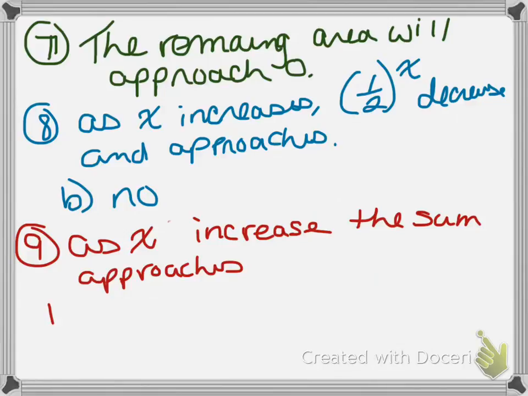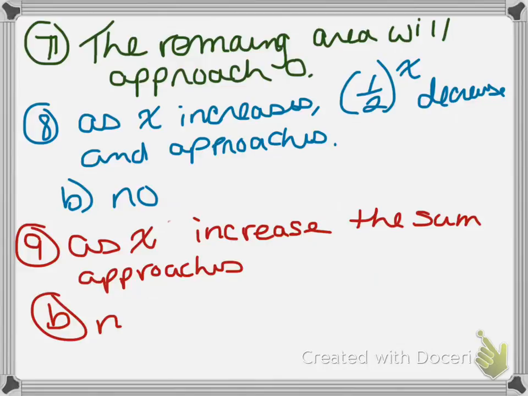So B says, will the sum increase without limit? So will there ever be a limit? And the answer is no. It will never actually reach 1, as we just said, because there will always be a small section of the paper unshaded. Okay?